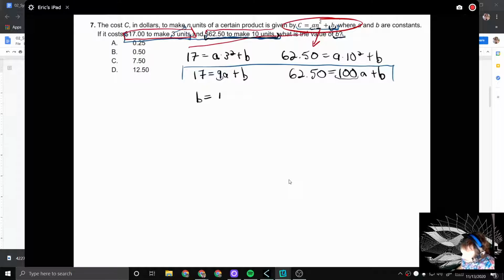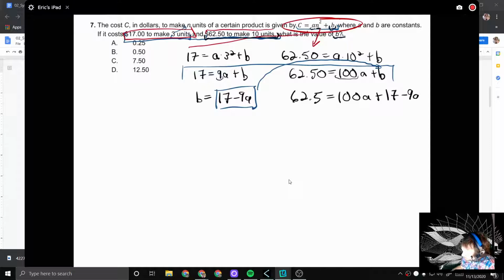So I have B equals 17 minus 9a, just solved for b by moving the 9a to the right. And now I can take this expression, which is equal to b, and plug it in for that b right there. And now I have an equation that has only a in it. I don't care about a, but it'll help me get b.